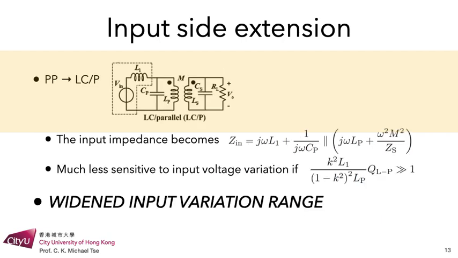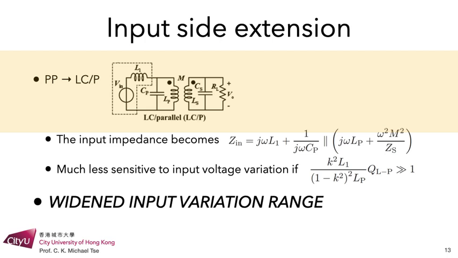Similarly, for the PP, we are able to extend it to this LCP circuit, with a voltage source behind an inductor, similar to the previous case. We are also able to generate an analytical equation for the input impedance, and we can prove that it is much less sensitive to input voltage variation under certain conditions.